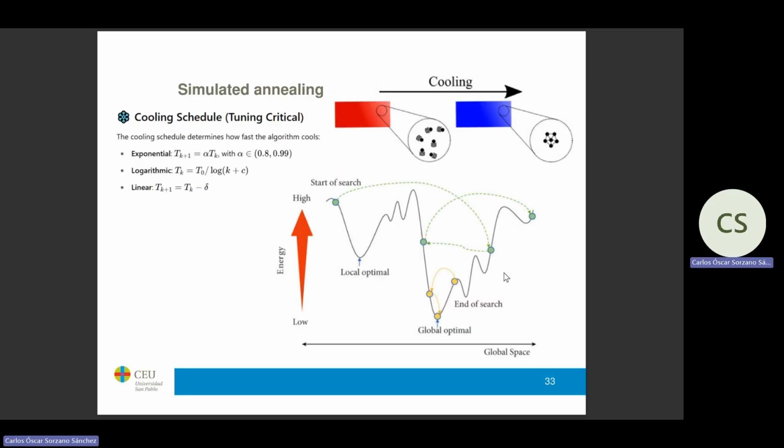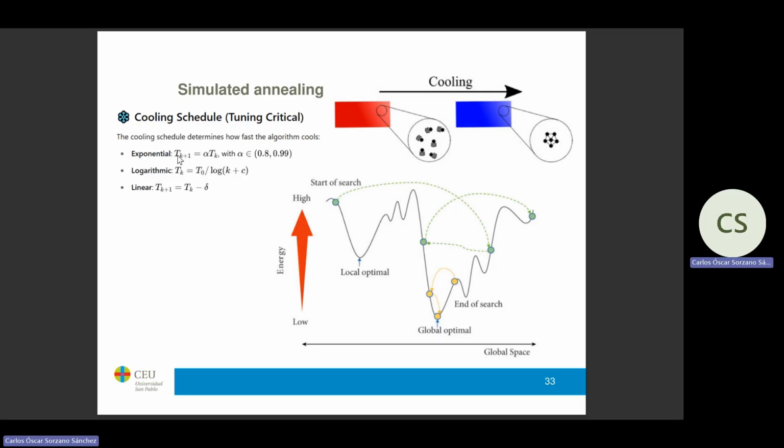Then we have explained this exponential decrease. The temperature at iteration k plus 1 will be the temperature at iteration k multiplied by a number that is very close to 1. Actually 0.8 would be a very quick cooling, so you prefer very slow coolings.